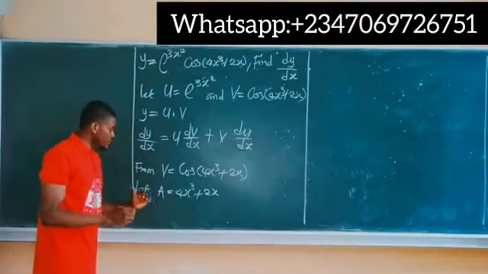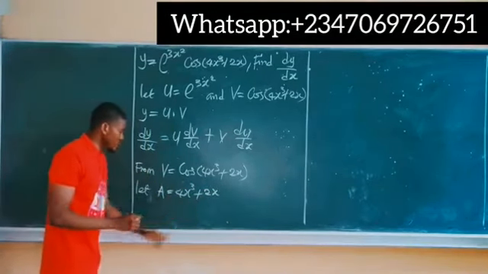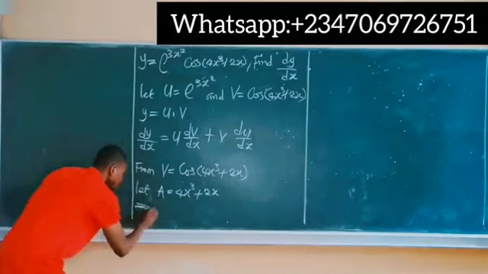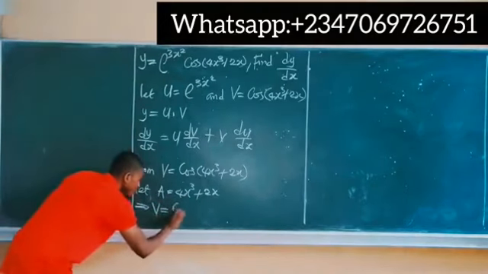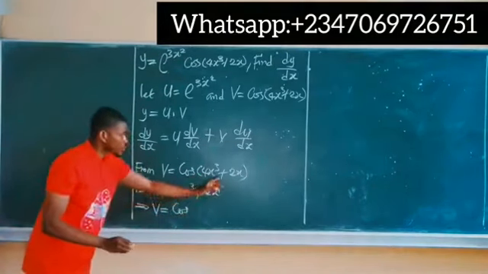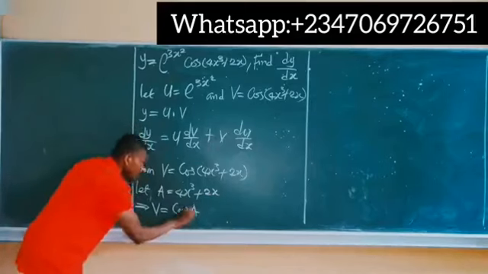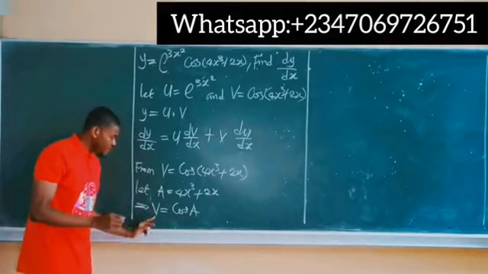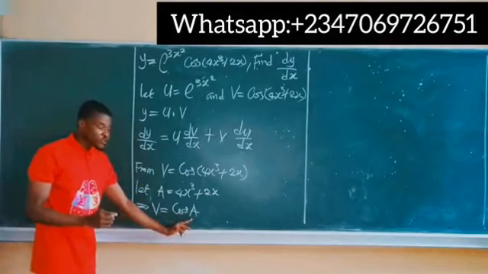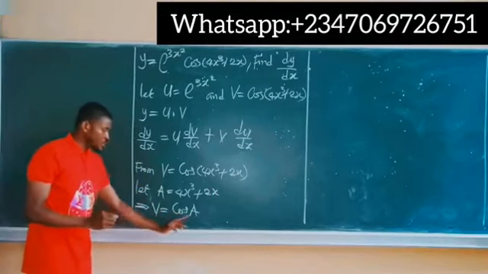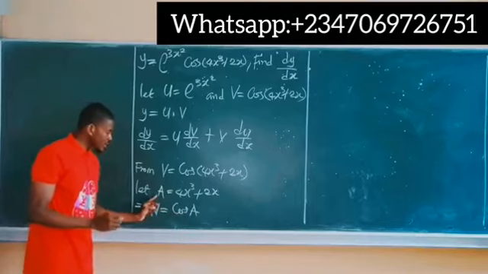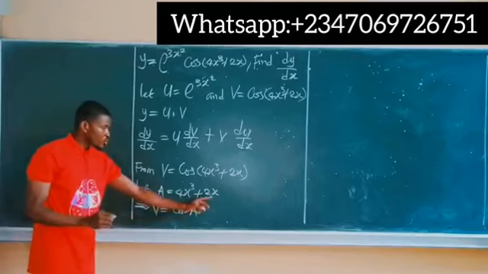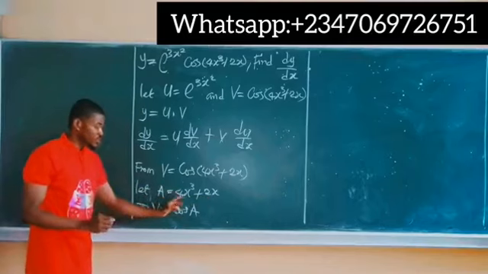So if a is 4x cubed plus 2x, that simply implies that v itself is now cos a. So at this point, v is a function of a, which means I can only differentiate v with respect to a. Also, a is a function of x, which means I can only differentiate a with respect to x.